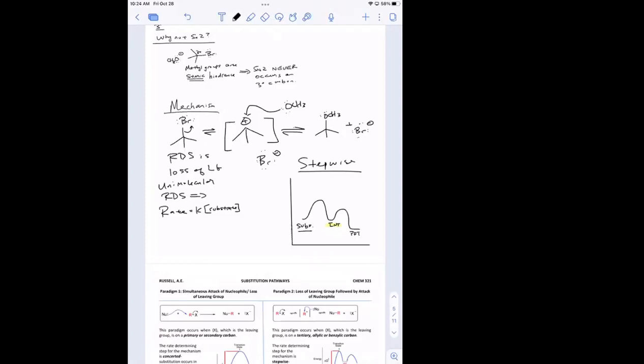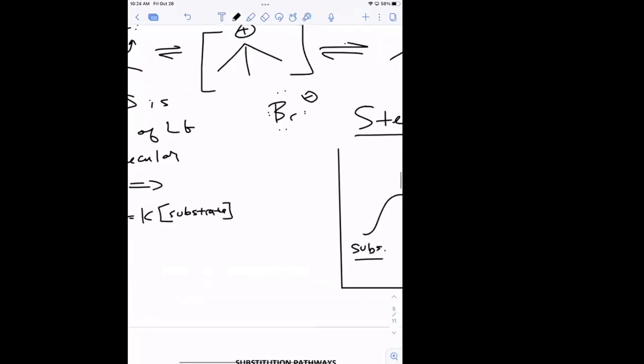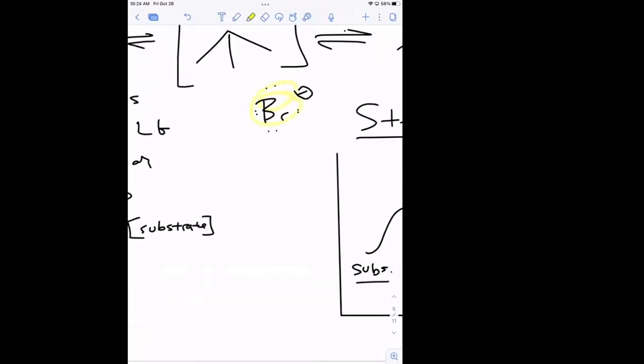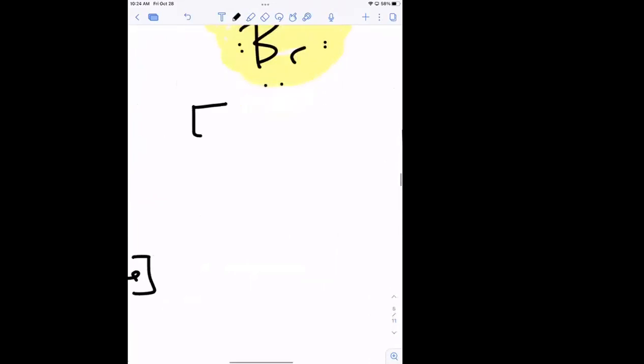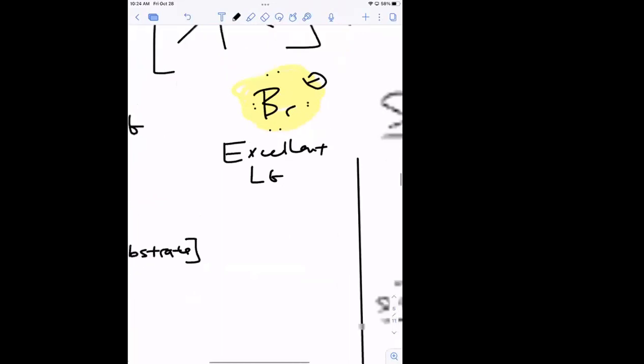Write this down. Good leaving groups speed up SN1 reactions. Excellent leaving group.